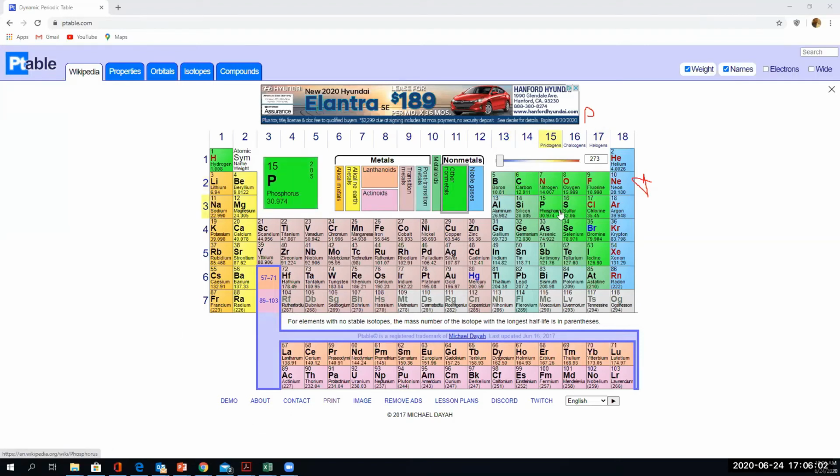So circle where nitrogen is at on the P block. Right here. Now circle nitrogen. Okay, so now what I want you to do is, counting only the S and the P block, where's the S block? Right here.